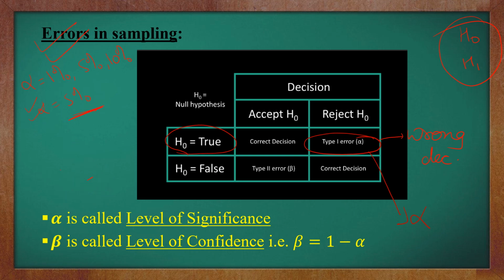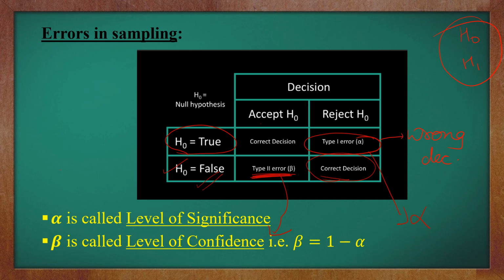Now, another scenario: the hypothesis is false and you are rejecting that. It's a very good decision. But if your null hypothesis is wrong and still you are accepting, that is called type 2 error, and this is called level of confidence. So what is level of significance and what is level of confidence?